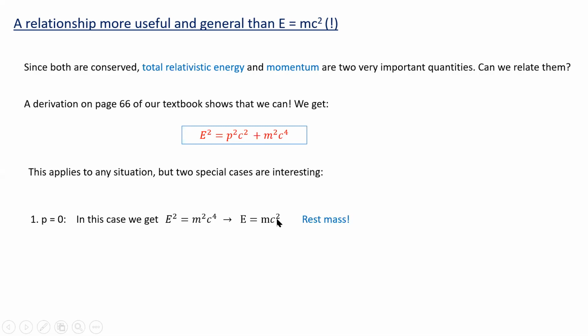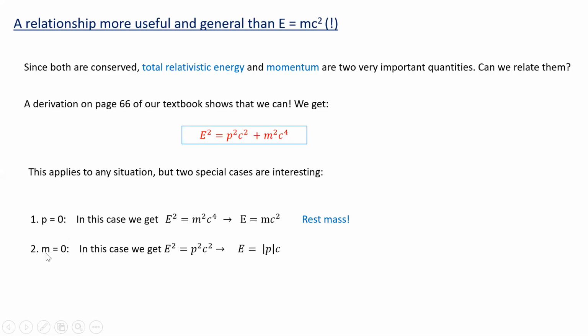So we just get the connection between the rest mass and the rest energy, when P is equal to 0. So this equation up here, E squared equals P squared c squared plus M squared c to the fourth, contains E equals Mc squared in it. But it also contains another interesting expression.